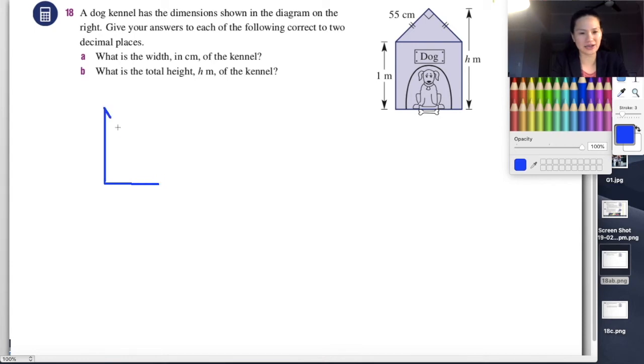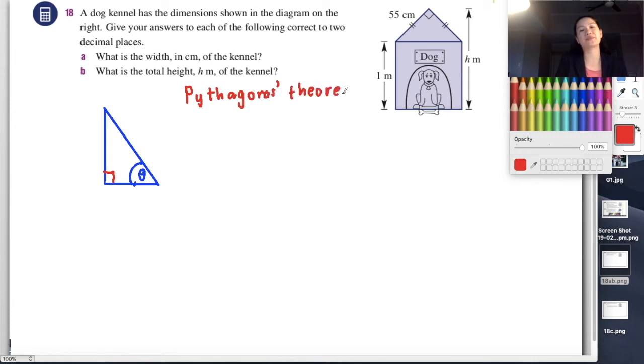Okay, here. It's this one, theta. And here is the right angle from Pythagoras theorem.